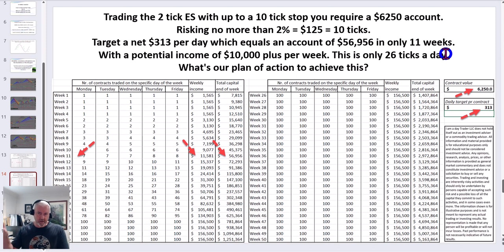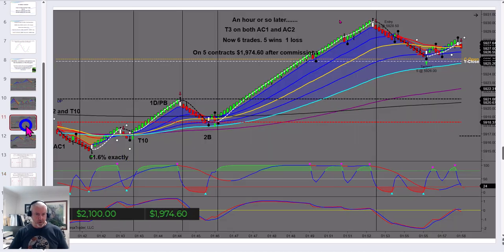Get in, get out, get paid. Power of quitting means when you hit your daily target, that's when you finish for the day. If you're trading 10 lots, your target is going to be around $3,000 for the day. And this is on 5 lots.